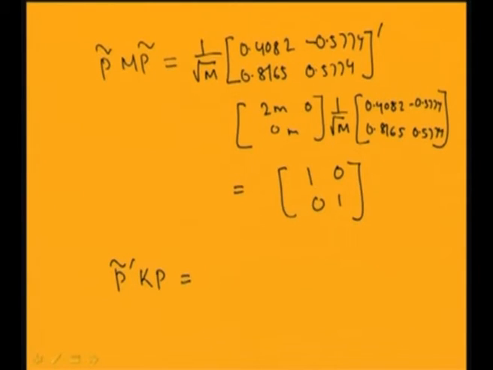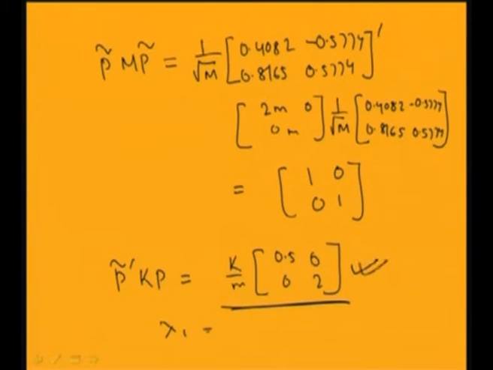So this becomes equal to k by m [0.5, 0; 0, 2]. So you have seen that lambda 1 equal to 0.5 k by m and lambda 2 equal to 2 k by m.